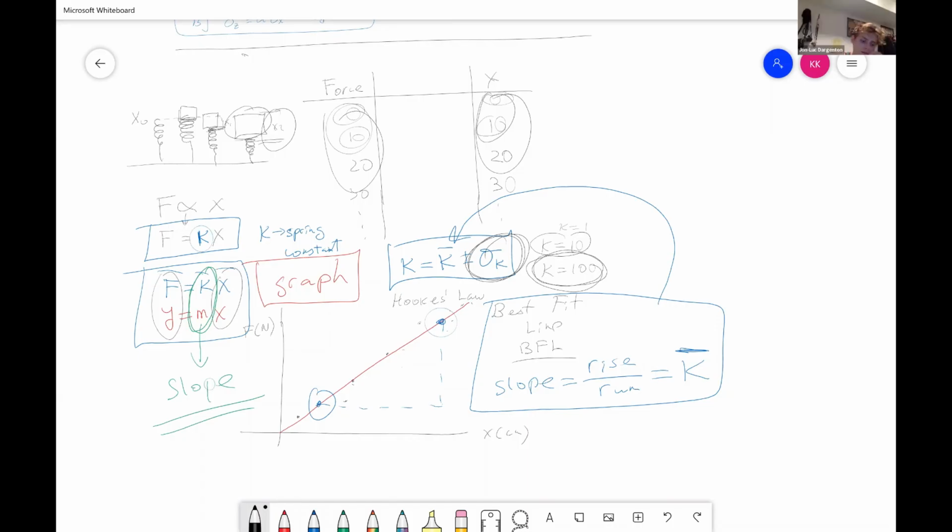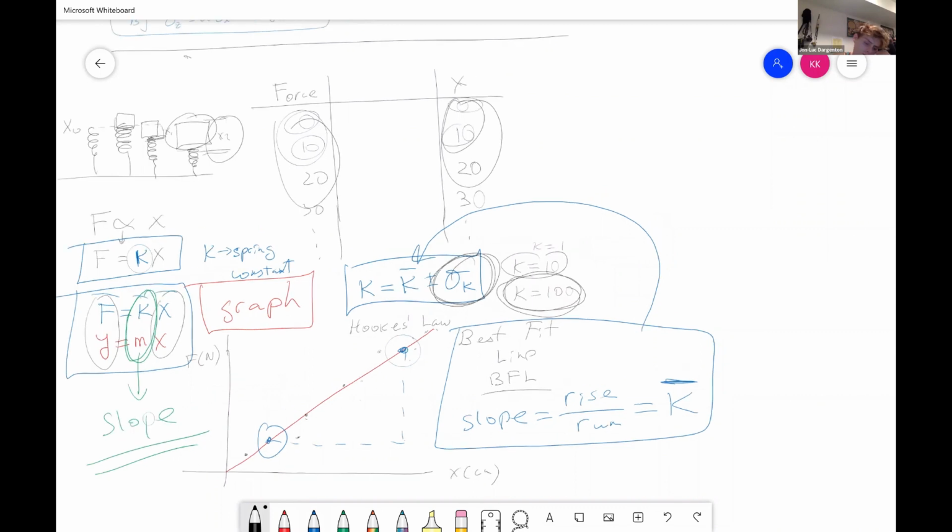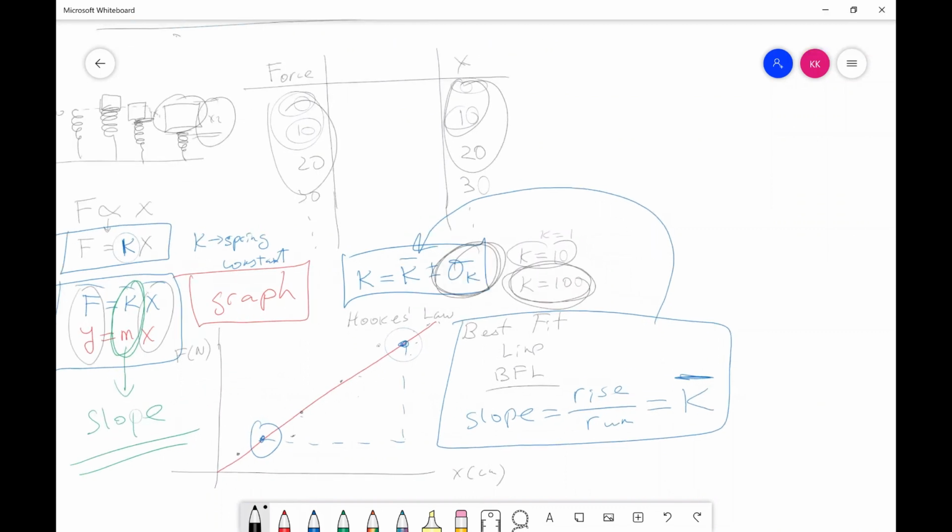All right, so let's see how we can find uncertainty. Well, the way we find uncertainty is like this. If you look at the data table that I have for this particular assignment, then you will see that next to the force in the data table, it says uncertainty in the force. And then you are given uncertainty in the force. So let's say 0.5, 0.5, 0.5, and something like that.